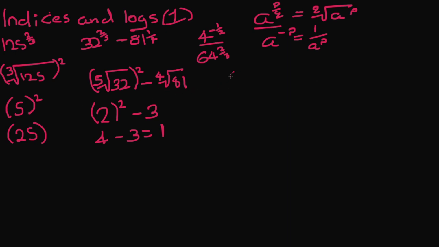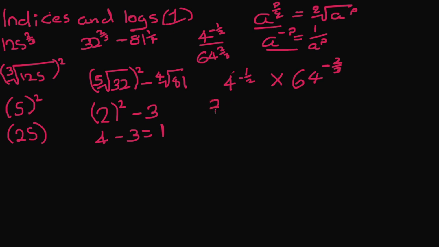Alright, so first what we want to do is 4 to the power of minus a half, and then to get rid of the fraction we want to multiply, and if you see from this rule here, a to the minus p is equal to 1 over a to the p, so we're going to get this out of the fraction 64. So we'll do 64 to the power of minus, so we're giving it a minus sign now, minus 2 over 3. Alright, so then we'd use this rule up here, the top one, a to the power of p over q. So then we can do this.